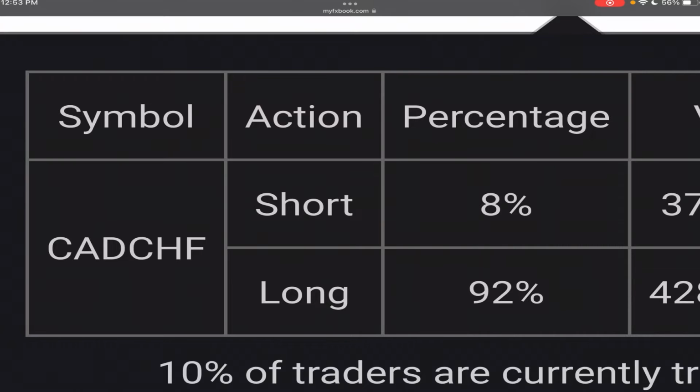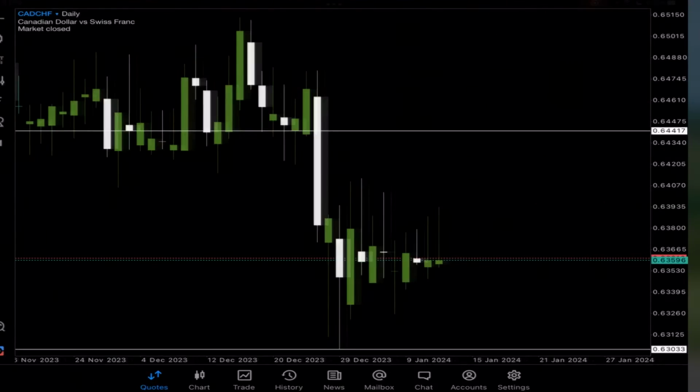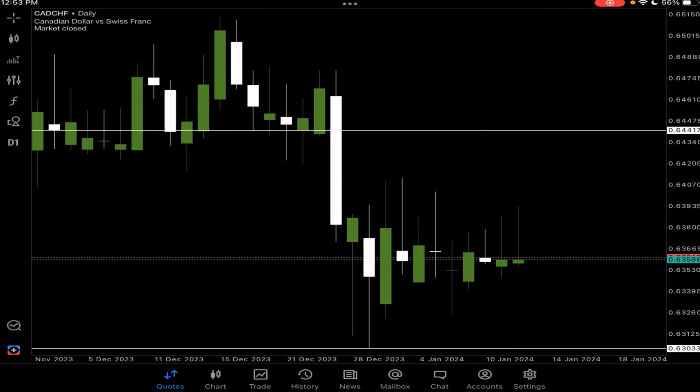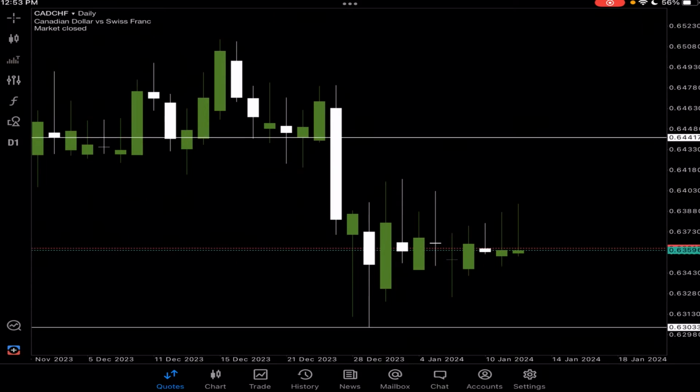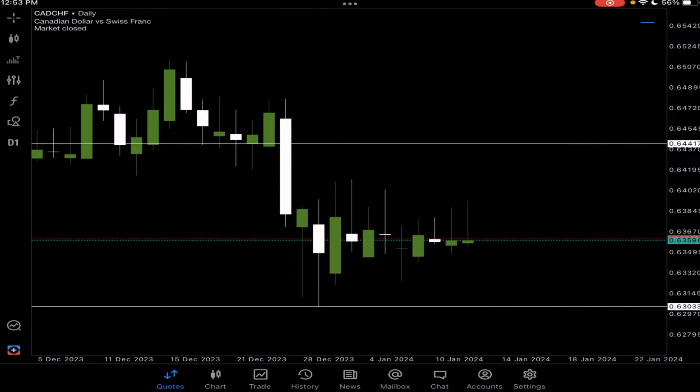Okay? So last week, I found it at 5%. And what had happened is it had rejected the weekly time frame, which is right here. Price had rejected that same area that I'm going to mark here. So at 10%, CAD CHF started reversing back up.